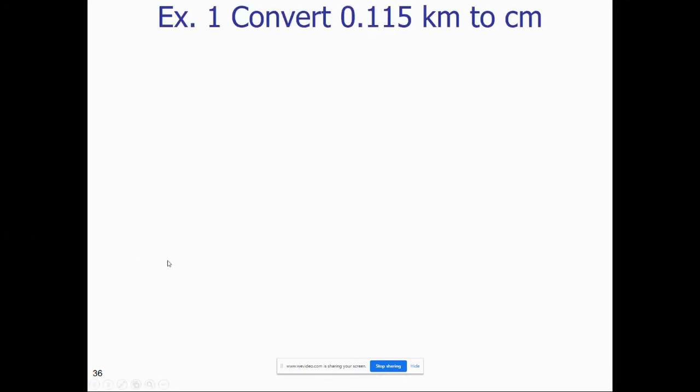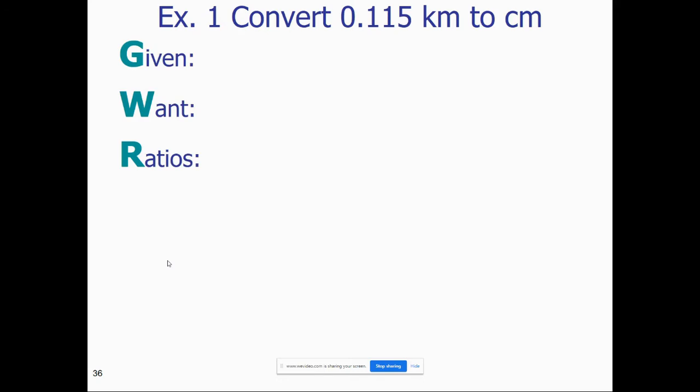Okay, so here, convert 0.115 kilometers to centimeters. You may move the decimal point as we learned in the last unit, or we can use dimensional analysis. I'm going to use dimensional analysis to solve this problem.